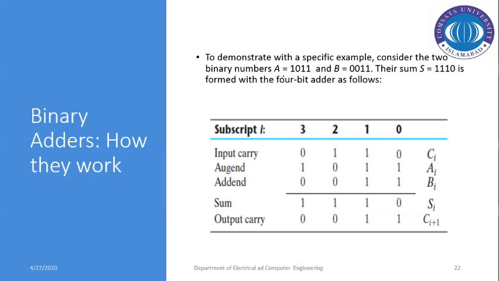And how this sum is being produced: we can see that this is A, this is B. Ai and Bi represent the bits. So this is A0, A1, A2 and A3, these 4 bits, and these 4 bits are B0, B1, B2 and B3.